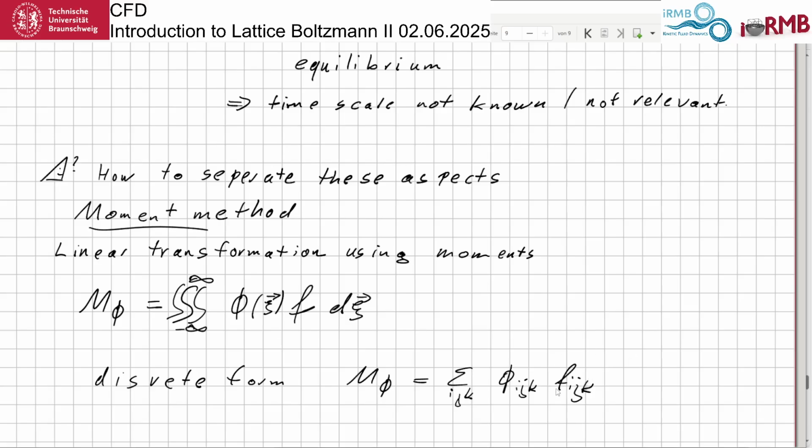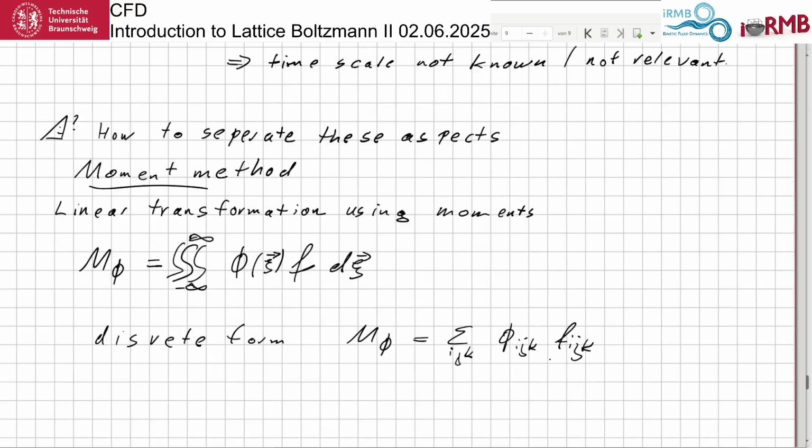Now we can do a translation between the populations and the moments. Populations are the discrete parts of the distribution. If you have Q discrete populations, then you have Q independent moments.